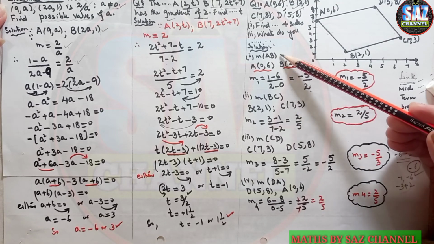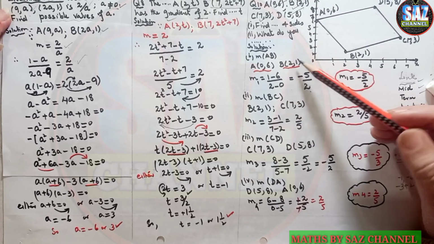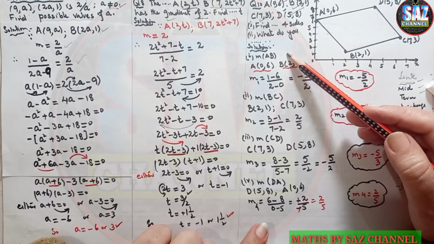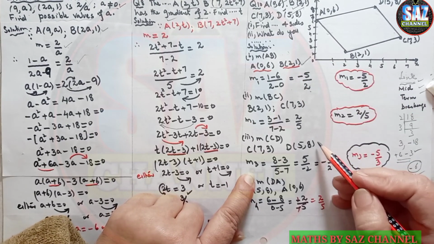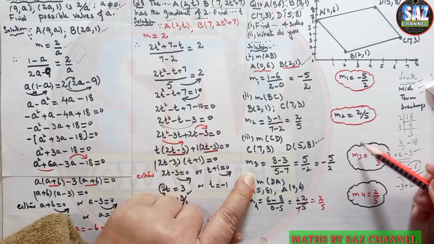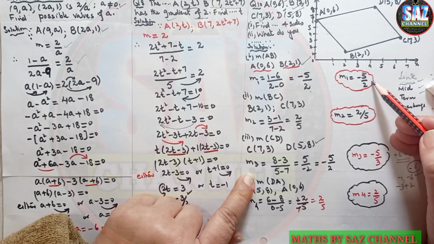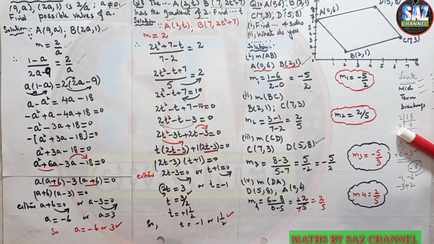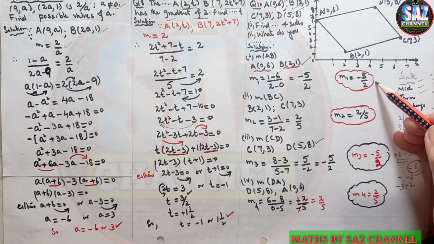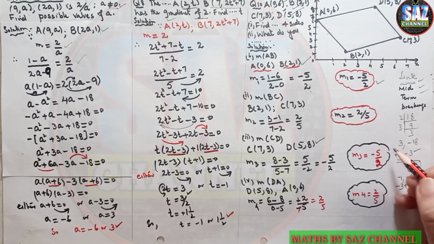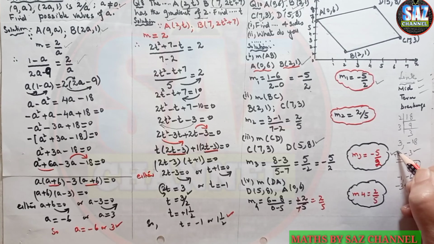Now if we look at AB, it has the opposite side CD or DC, and if we observe the gradients, sorry, this is 2, let me correct it. Always recheck your work before submitting. Gradient of AB equals gradient of CD.